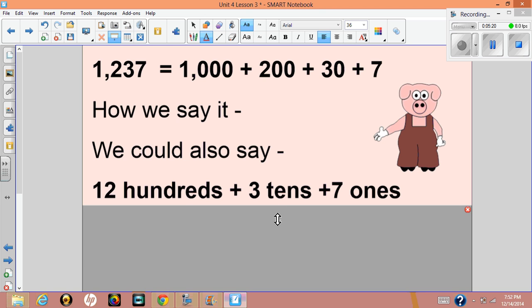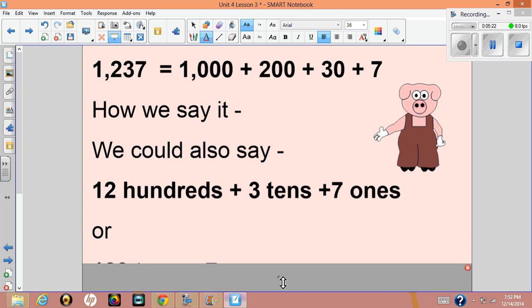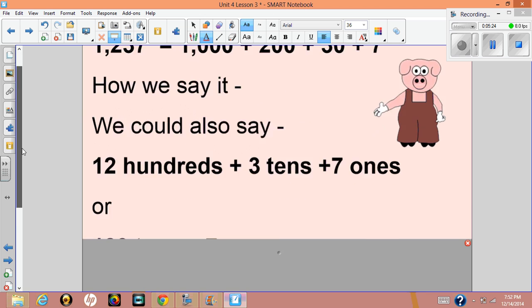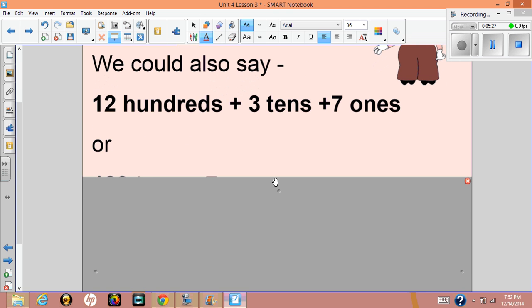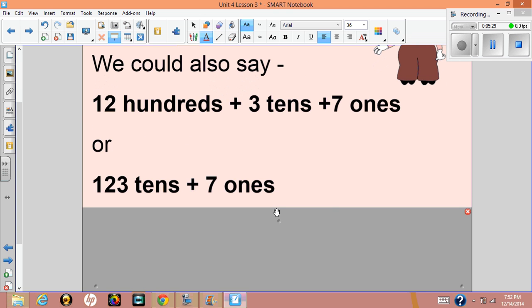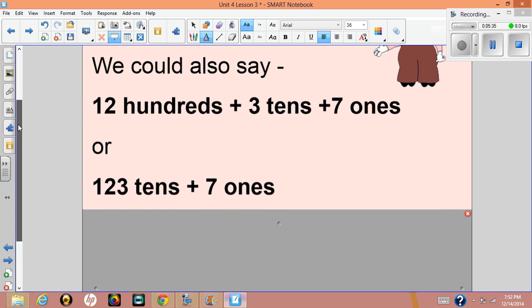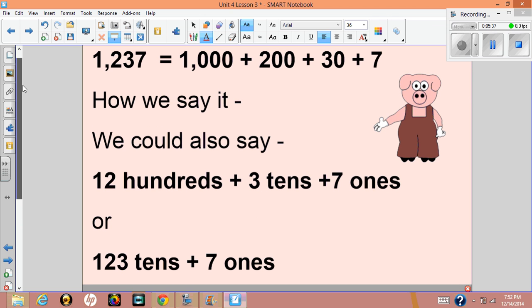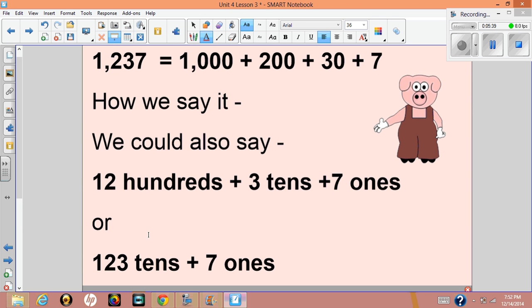Or we can break it down even further and simply say we have 123 tens plus 7 ones. Same number in a different expanded way. Each of these represents the same number. We have grouped them a little differently to identify the value of the tens and the hundreds.